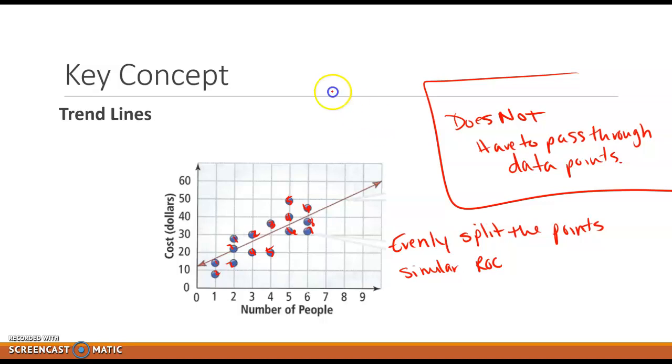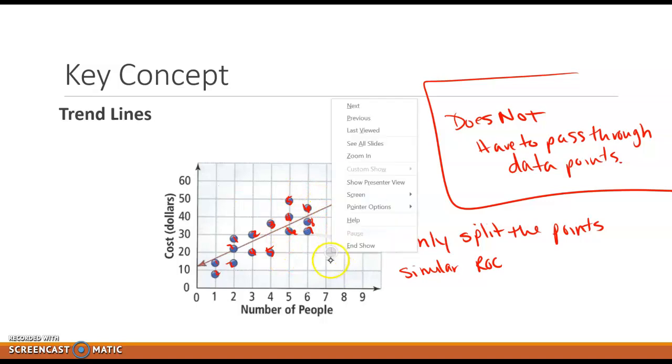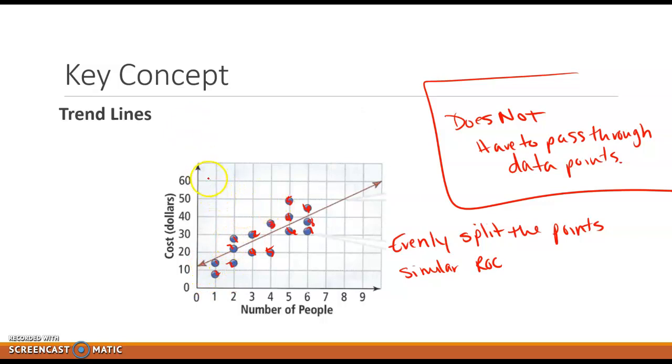We don't want to be drawing our lines this way. Well, not on this one. If it was a negative, we would. But for this one, I'm not wanting to count and say, okay, well, here is where half of mine are, so here's my trend line. That's not what we're doing, okay? We are trying to make it match the points to the best of our ability.